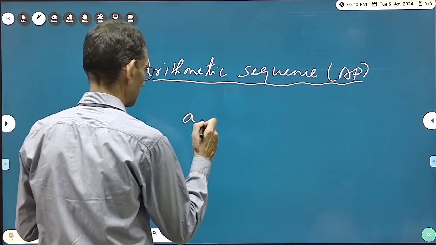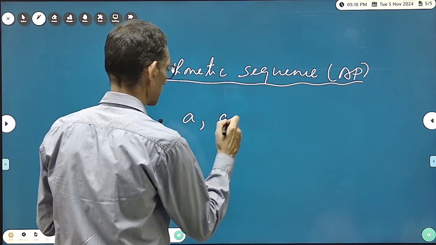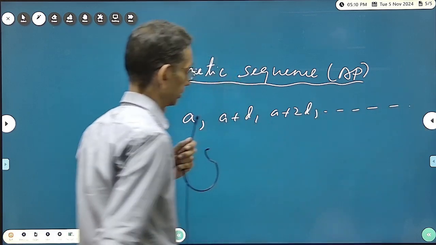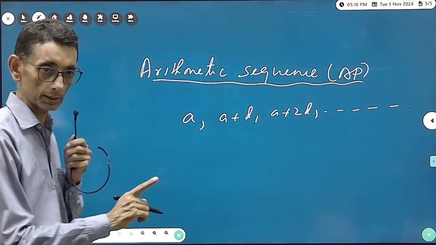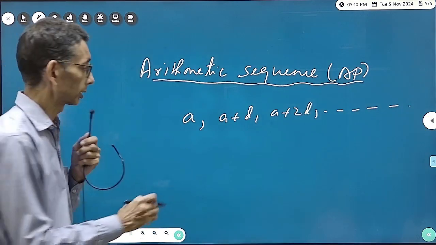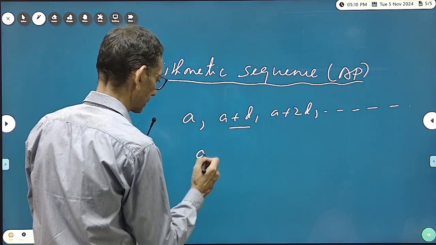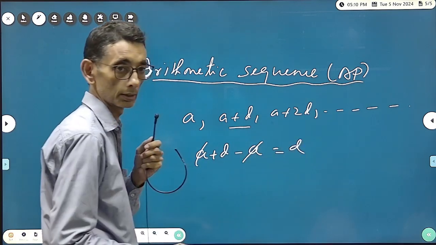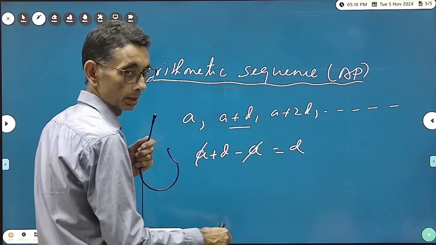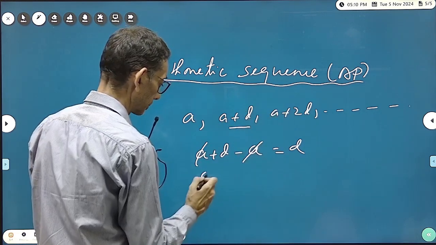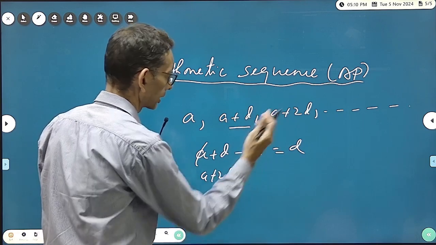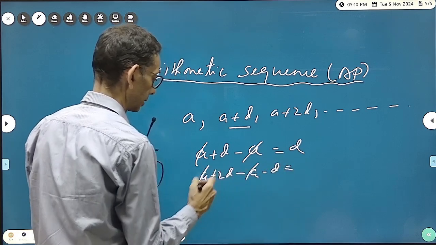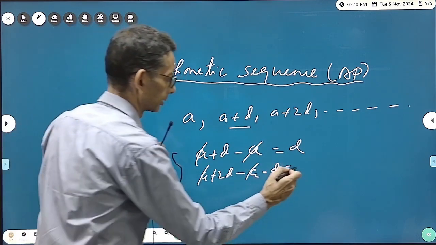If I just write numbers like this, a, a plus d, a plus 2d, right? This is called an arithmetic progression. Why? Because if I find the difference between the second term and the first term, a cancels out and it is equal to d. The difference between the next two terms, a plus 2d minus a plus d, a cancels out, 2d minus d is d, right?